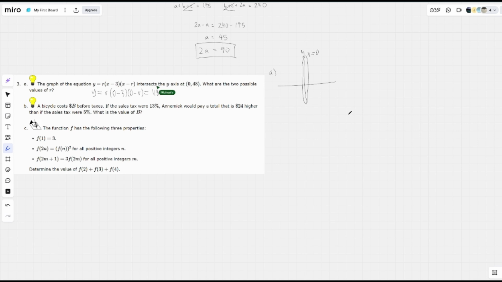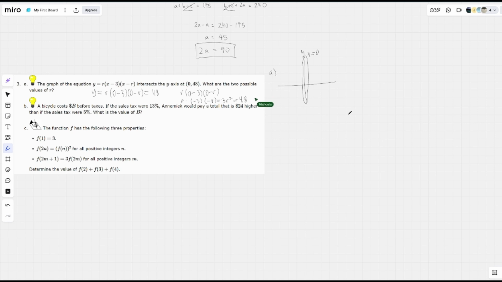And now we can just expand it. So r times 0 minus 3 times 0 minus r, that's equal to r times negative 3 times negative r. The negatives cancel, double negatives equal positive, so 3r squared is equal to 48.